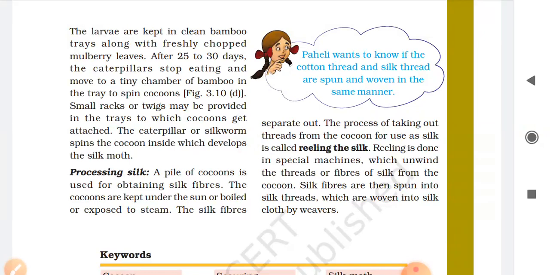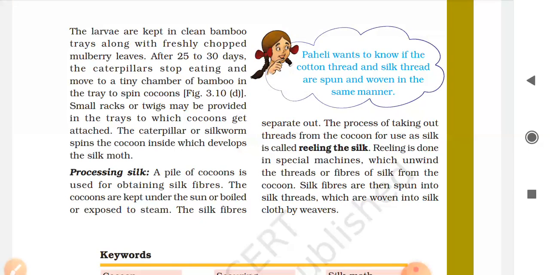After 25 to 30 days, the caterpillars stop eating and move to a tiny chamber of bamboo and try to spin cocoons. Small racks or twigs may be provided in the trays to which cocoons get attached. The caterpillar or silkworm spins the cocoon, inside which develops the silk moth.